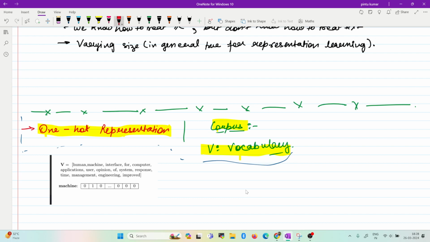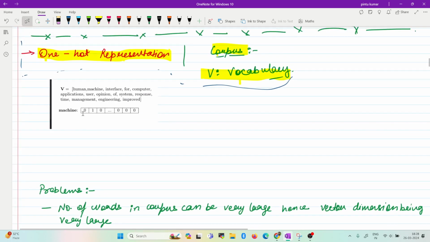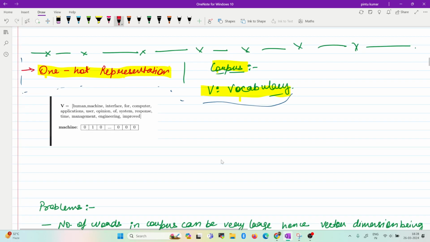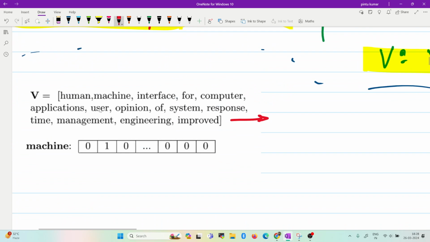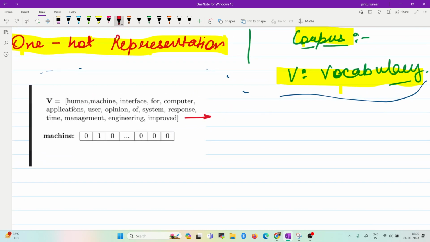The basic idea behind one hot representation is, first of all, you form a vocabulary set V. This is an example where your vocabulary words are human, machine, interface, computer, and so on, and you want to represent the word machine.